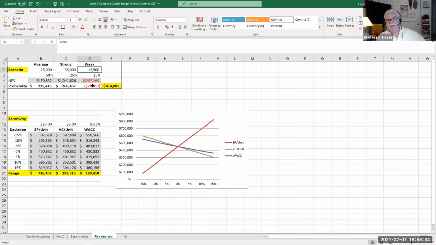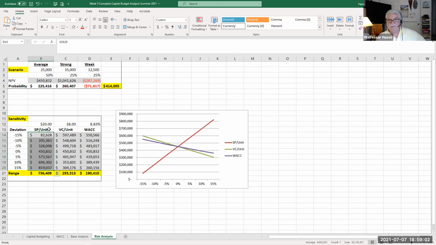How does that affect our profitability? What if key variables from this analysis, selling price, variable cost per unit, our cost of money, what if those change during the course of the 10 years? How does that affect our profitability?